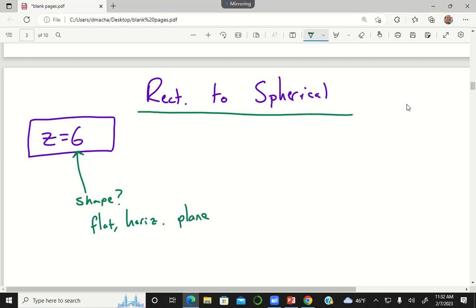And what I want to do is convert this to spherical coordinates. That means I want to have potentially formulas for rho and theta and phi that also describe the exact same horizontal plane, just in terms of these.